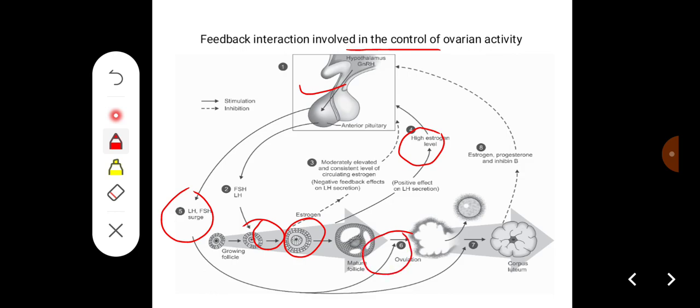And after ovulation, corpus luteum starts producing estrogen and progesterone, and at the end, there is again a fall in the estrogen and progesterone levels. It increases the levels of GnRH, LH and FSH, which restarts the ovarian or reproductive cycle again.